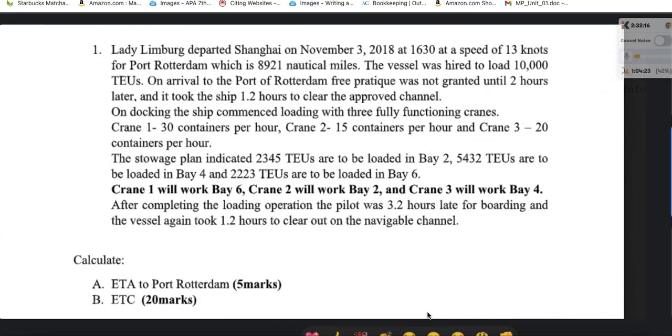I'm going to say 0.09, not 0.9. Sorry, my mistake.